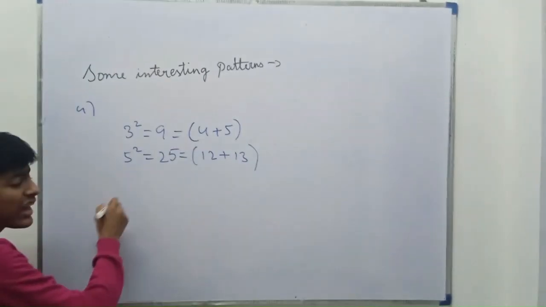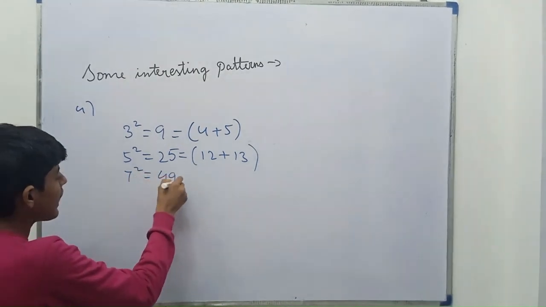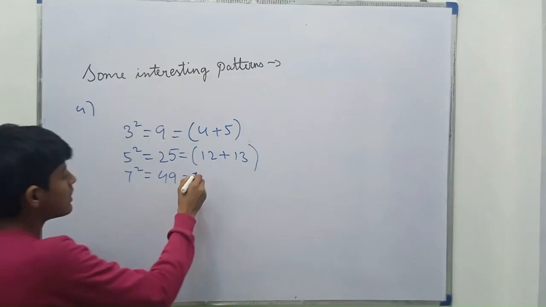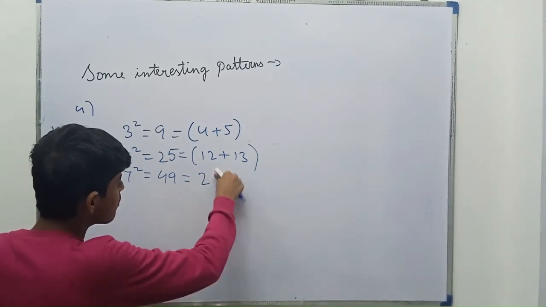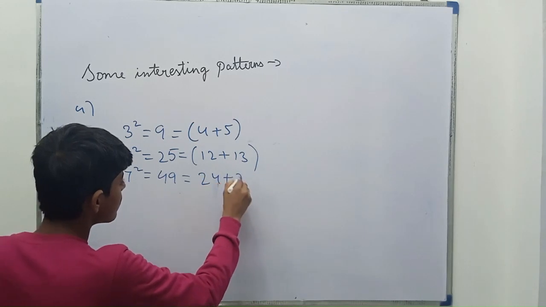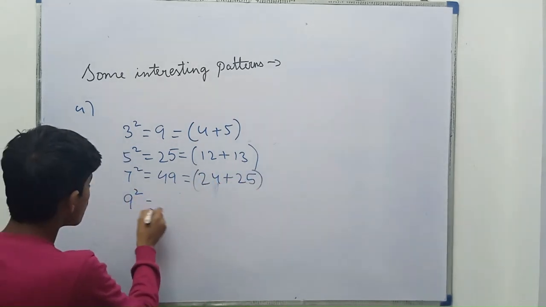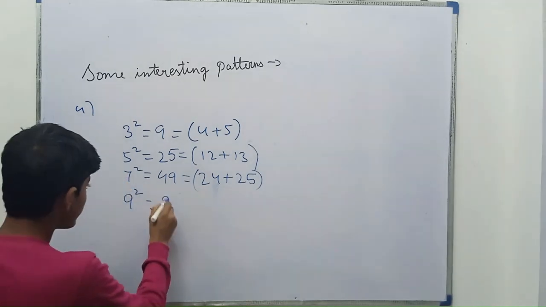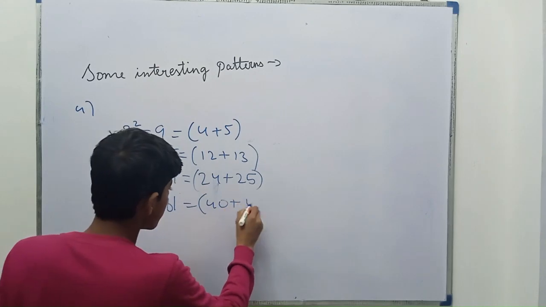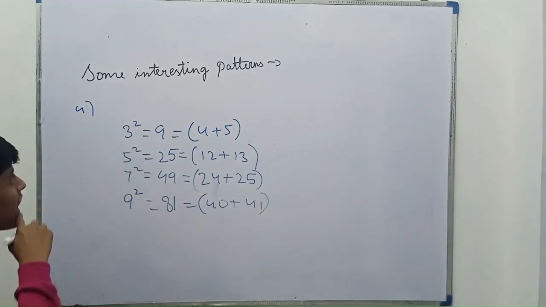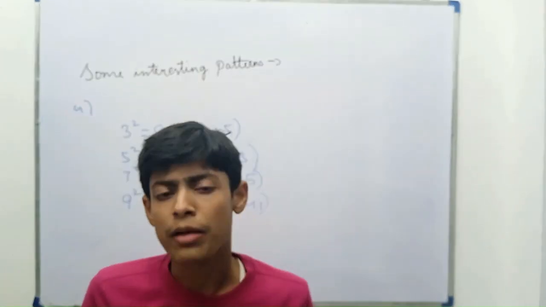Then 7 squared, which is 49, we can take 24 plus 25. And then 9 squared, which is 81, we can take 40 plus 41. So this was our last interesting pattern. Now we will discuss the Pythagorean triplet.